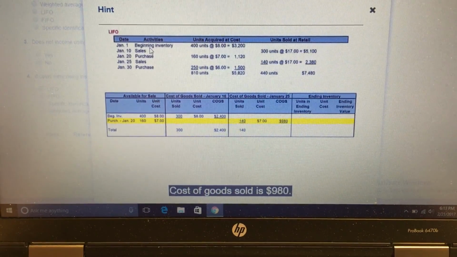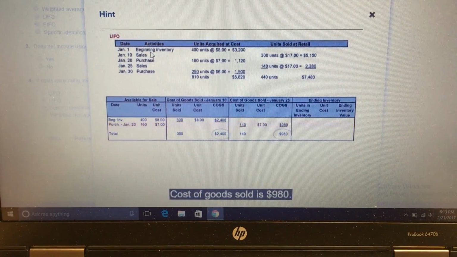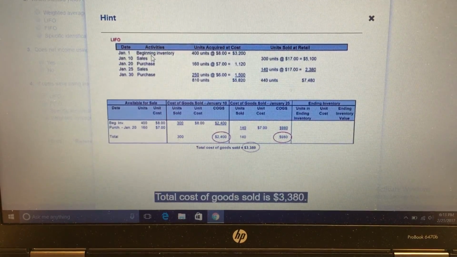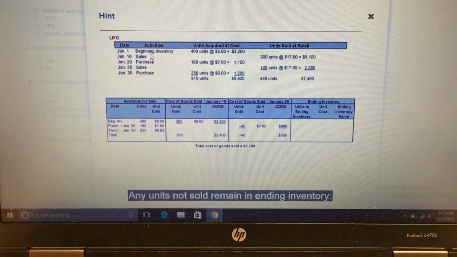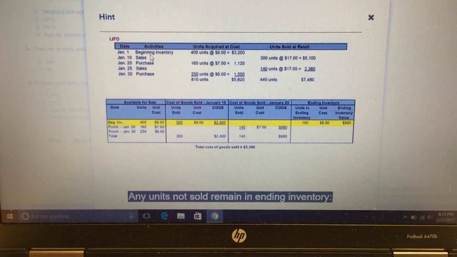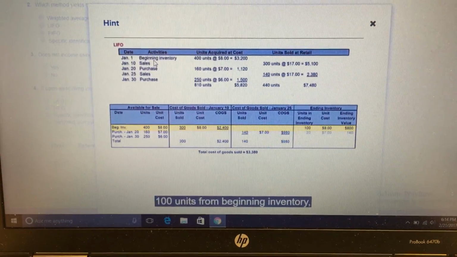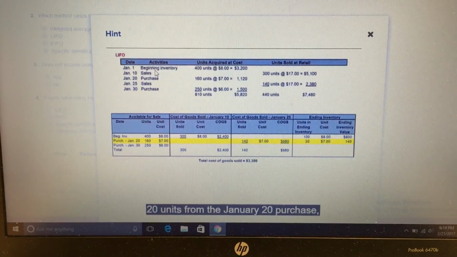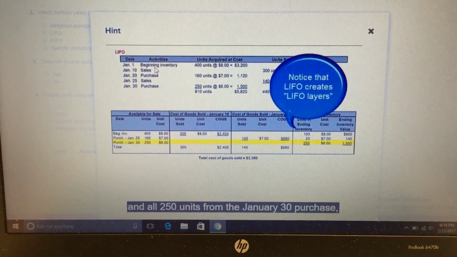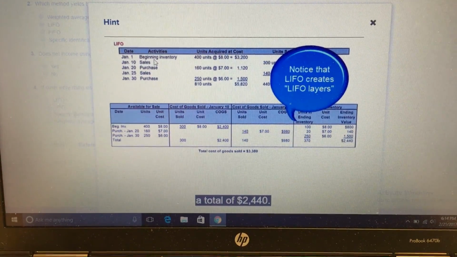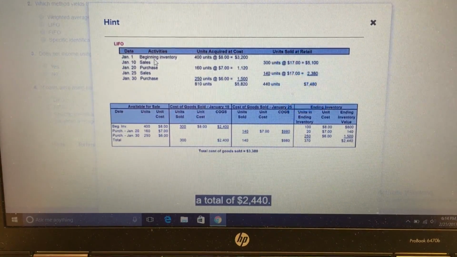Cost of goods sold is $980. Total cost of goods sold is $3,380. Any units not sold remain in ending inventory. 100 units from beginning inventory, 20 units from the January 20th purchase, and all 250 units from the January 30th purchase. A total of $2,440.